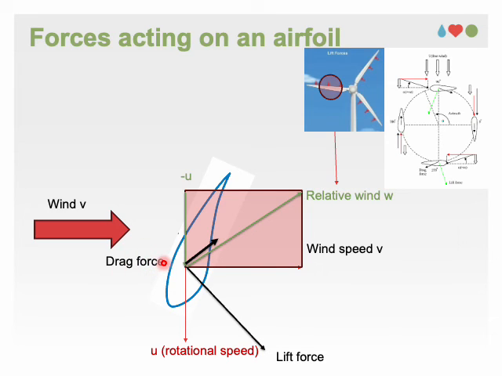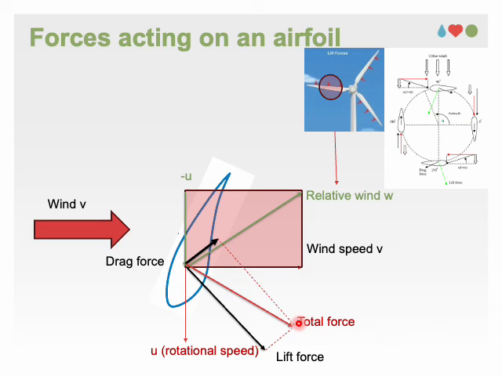Now we have again two forces. The total force is obtained by combining the drag and lift forces, as shown here by the red color coded arrow in this figure.